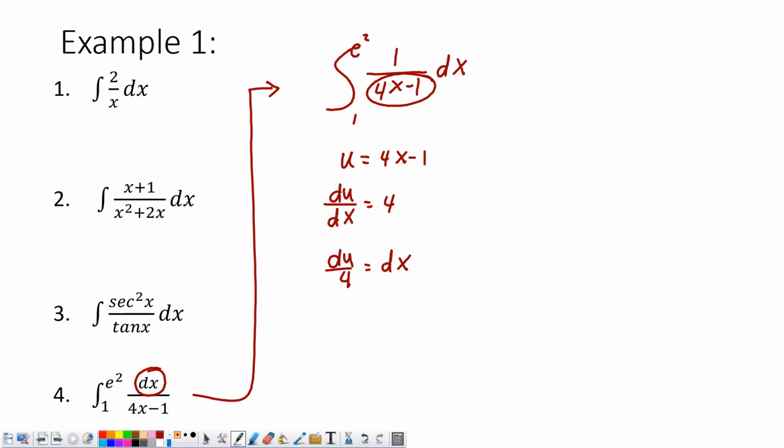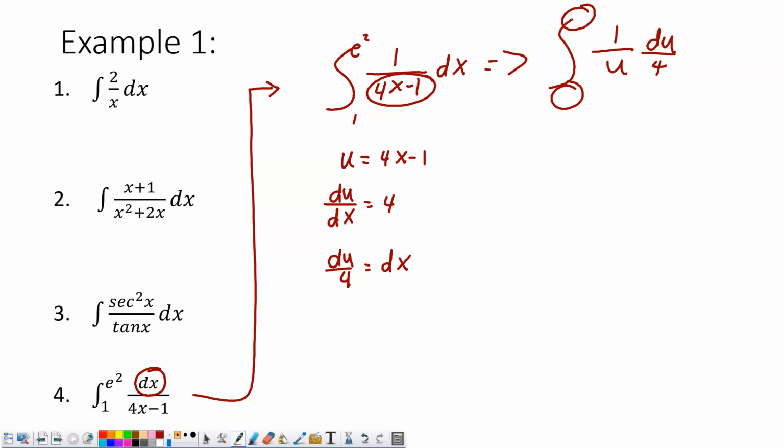And therefore, we're going to have a new expression. It's going to become 1 over u and du over 4. But, you guys remember this, but when you have a definite integral, the limits have to change also when you do u substitution. Okay?